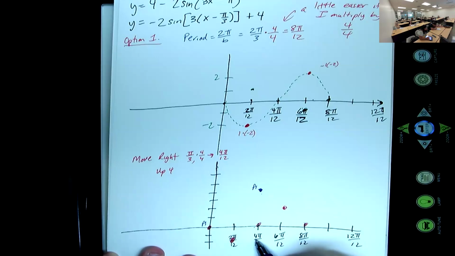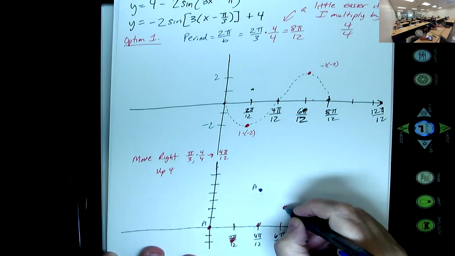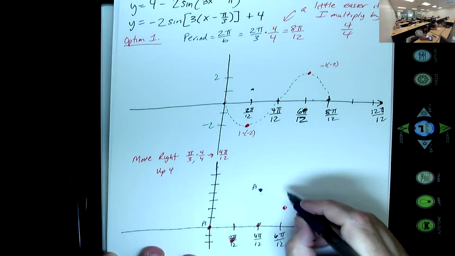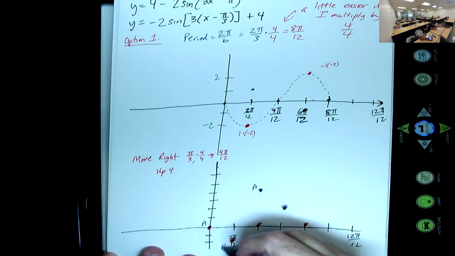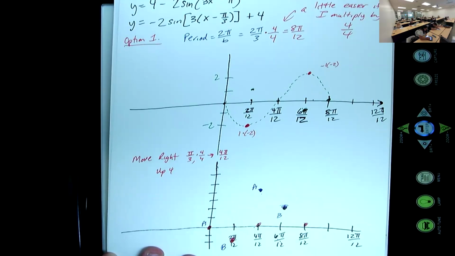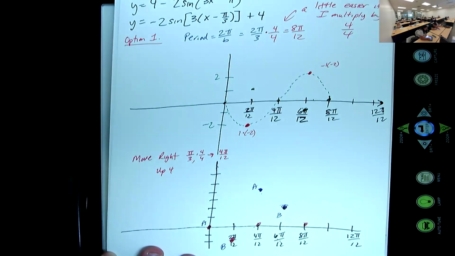This one goes 4 pi over 12 to the right and up 4. Oddly enough, B moves to where that is now. This one's right 4 pi over 12.